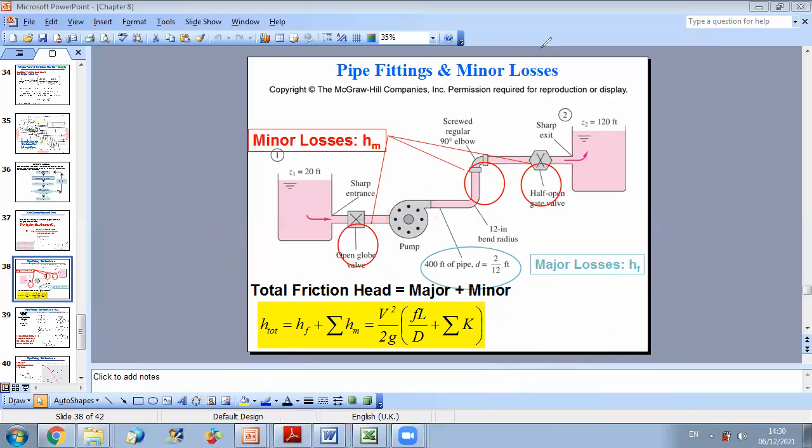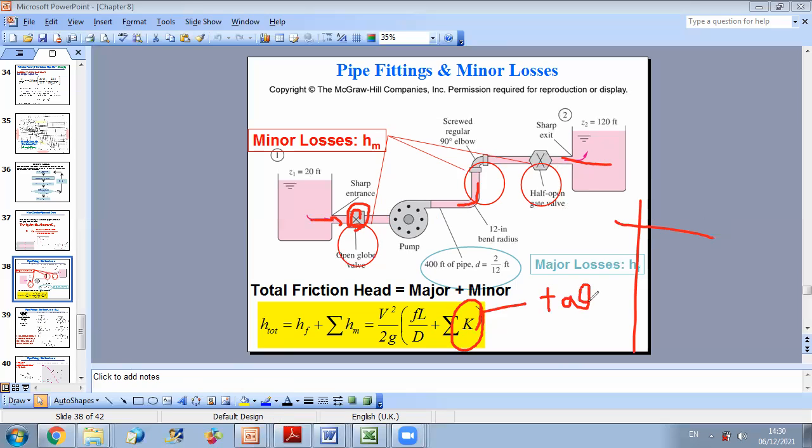Now, what about minor losses? Any fitting that is present in the flow will induce losses. So whenever you have a valve, if you have a bend, okay, if you have a sharp exit or an inlet, all of these are sources of losses. And these losses can be computed from tables because we define what is called the loss coefficient K. This is found from a table.